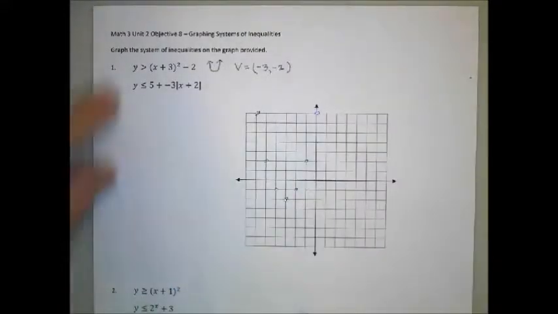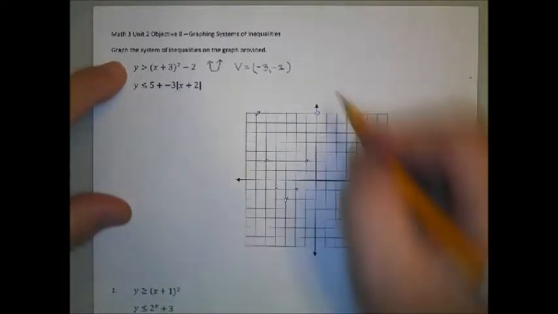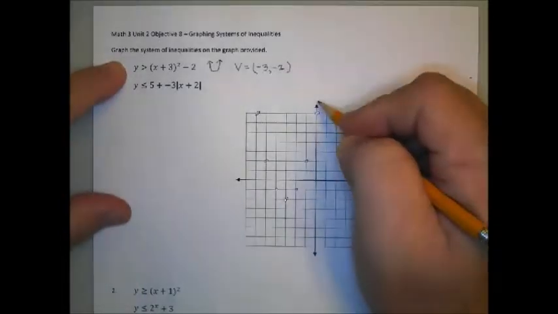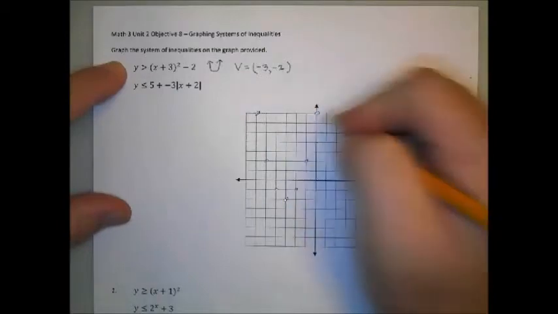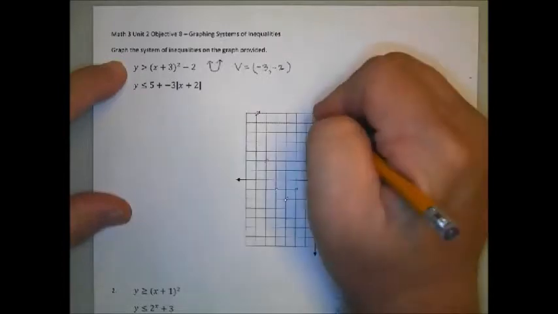Now, this is just a greater than symbol. It's not greater than or equal. So I'm going to do my very best to sketch this parabola, but without making a solid line because I need to make it broken lines. So here we go.